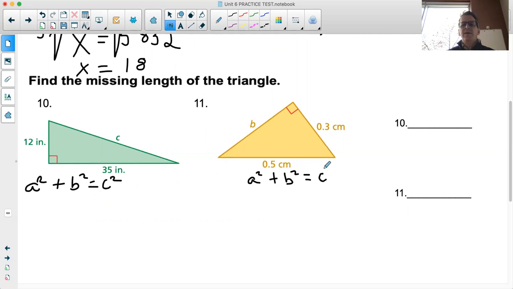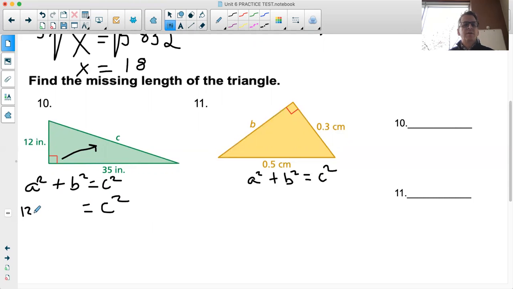Now keep in mind here, folks, that we are already given that these are right triangles. So we're not proving that it's a right triangle, we're just finding the missing side, okay? In this case, it's labeled as C, and it happens to be the hypotenuse, which corresponds to the c squared. The other two for number 10 would be legs.